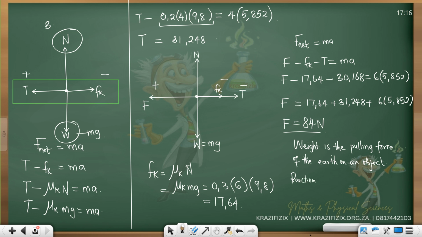The reaction force, therefore, will be force of object. You just reverse it on the earth. Please take note of that. Weight is the force of earth on the object. Now, if you reverse it, force of object on the earth will be the reverse, and that's the reaction force.